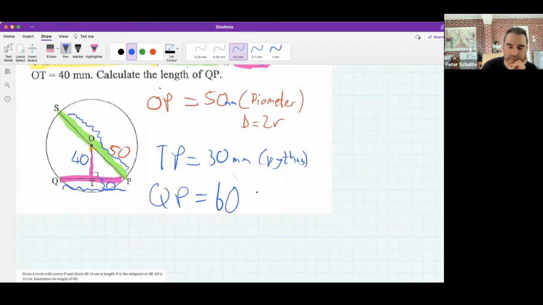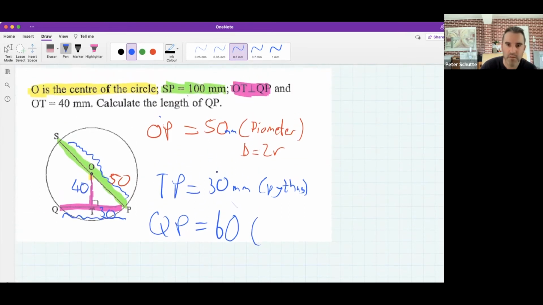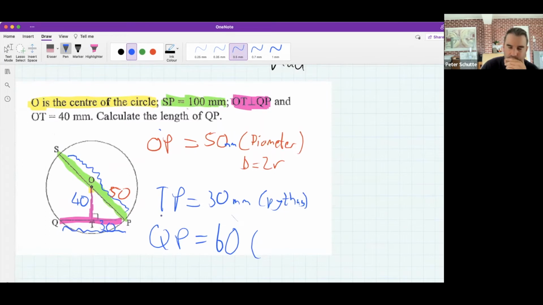It's because we are given that OT is perpendicular to QP, which then concludes that QT is equal to TP, which means that QP is 60.